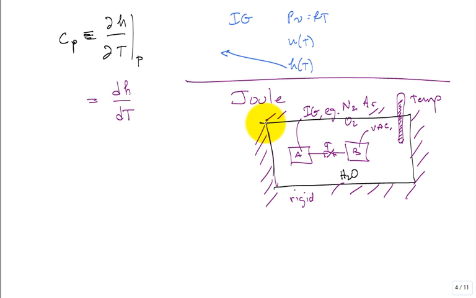That there was a Q between the two tanks, A and B, with the water. Because there's no work, and there's no boundary changing either. If there was a change in the temperature of the water, it had to come about because there was a heat transfer between the gas and the water. It's a little step there in logic.